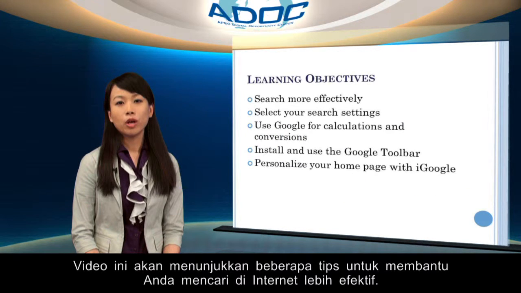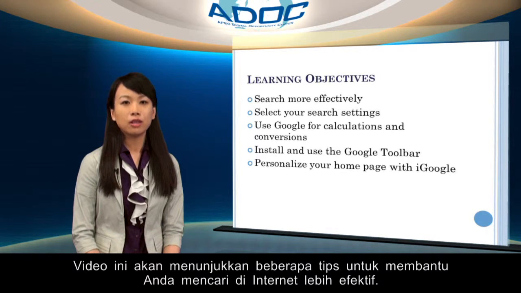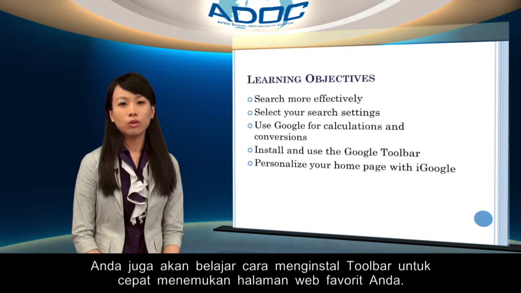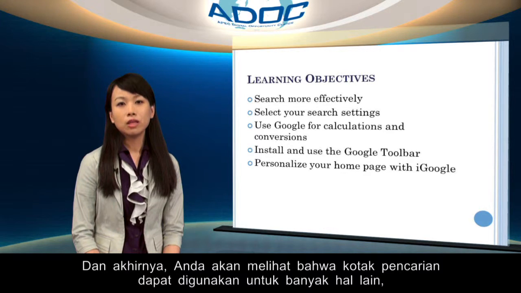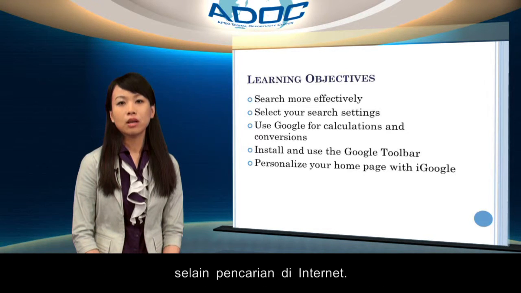This video will show you a number of tips to help you search the internet more effectively. You will also learn how to install the Toolbar to quickly find your favorite web pages. And finally, you will see that the search box can be used for lots of other things besides searching the internet.